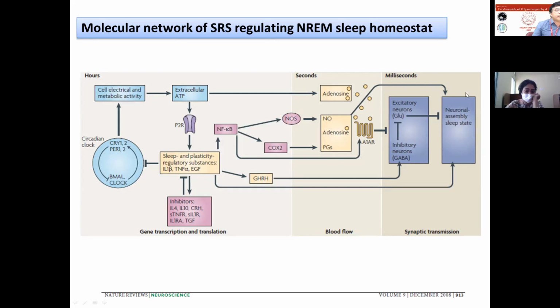It can be at the neuronal assembly level, where it can inhibit the excitatory neurons and activate the inhibitory neurons.